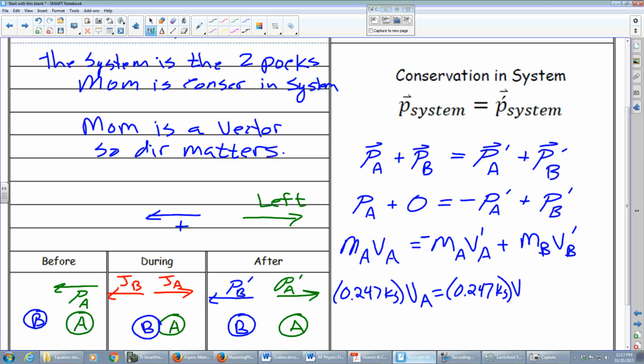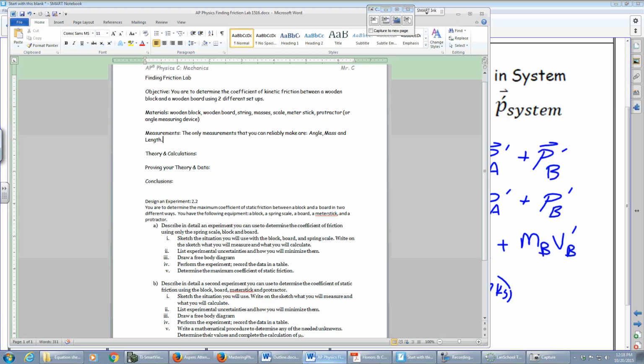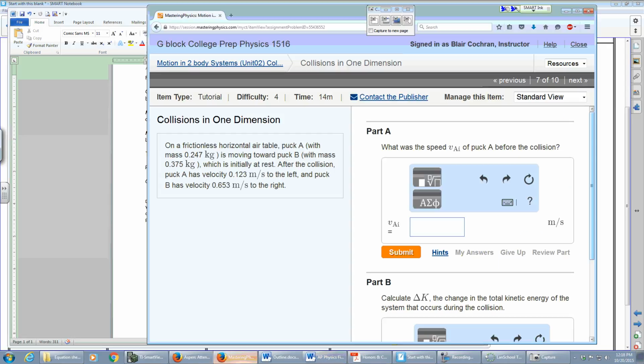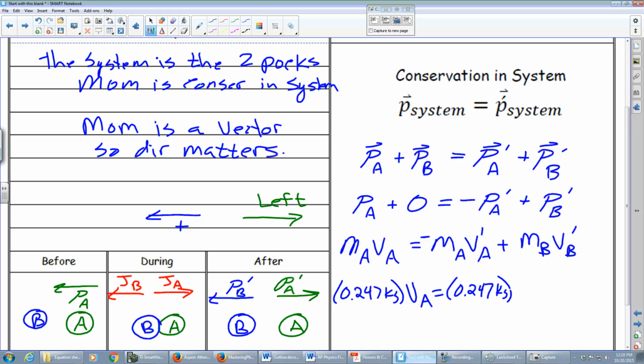And afterwards, I think they told me what the velocity, what the speed was afterwards. After the collision, puck A has a velocity of 0.123 meters per second to the left. So I already take the left into account with the negative out front here. 0.123 meters per second.